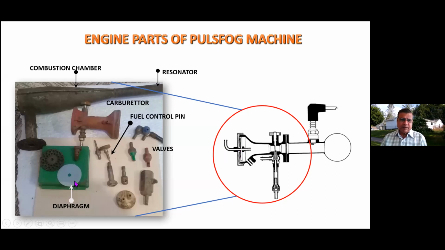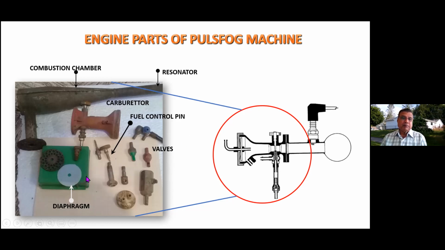This diaphragm is here in this place, where it controls the air intake. Apart from this hole where it is fixed, if there is a small pinhole in the other area, your fogging operation will collapse. Even a small pinhole is not allowed in this diaphragm. So you should have this diaphragm, these pads ready.